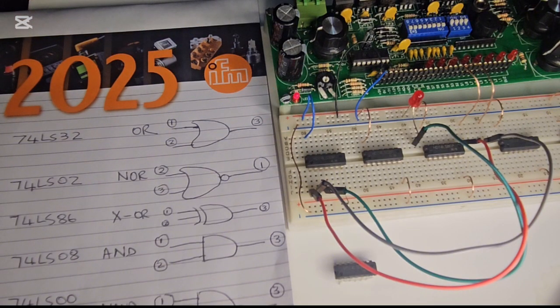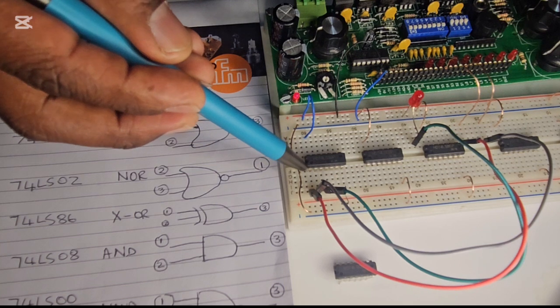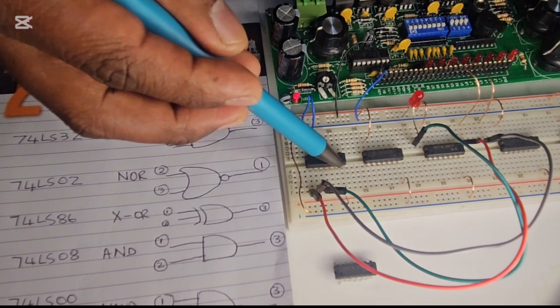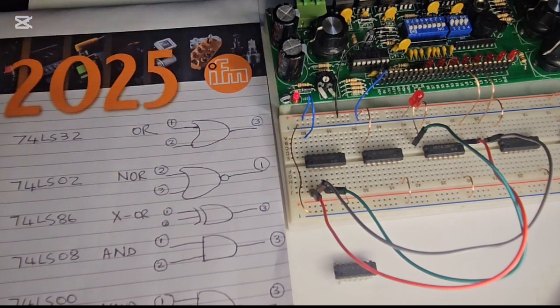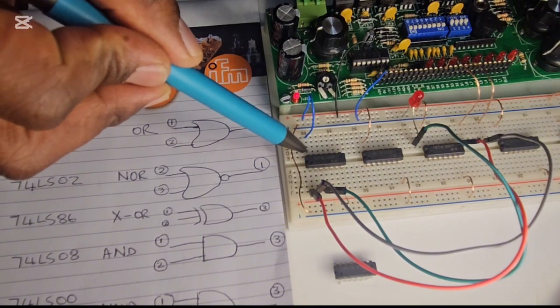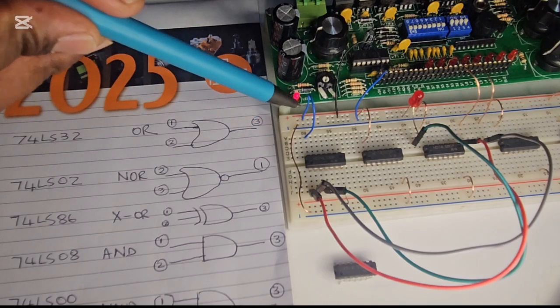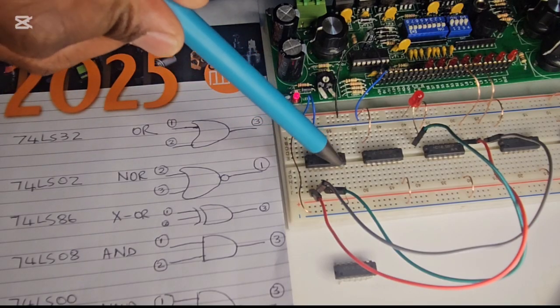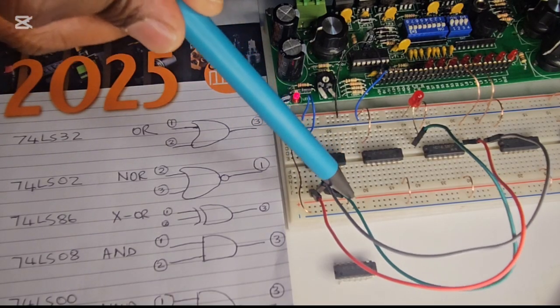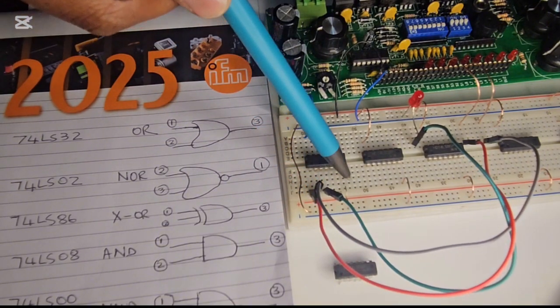After this U-shaped groove, the first pin is pin number 1, then on to pin 7, 8, till pin 14. We already know that pin number 14 is reserved for plus VCC, which is positive voltage, so I connected that to the positive voltage. Then pin number 7 is reserved for ground. You see here, I connected it to ground via this wire.